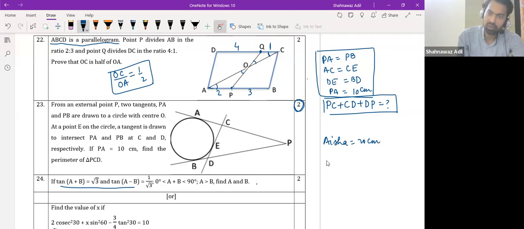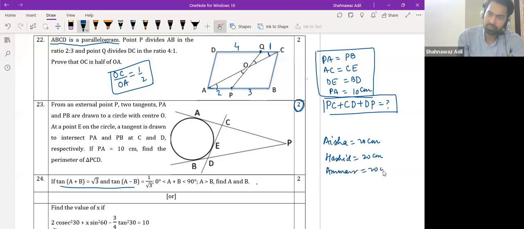So Harshid also got 20. And Amar, sir, what about you? Amar, any doubt in this question? Oh, Amar, you also got 20. Good. Very good.